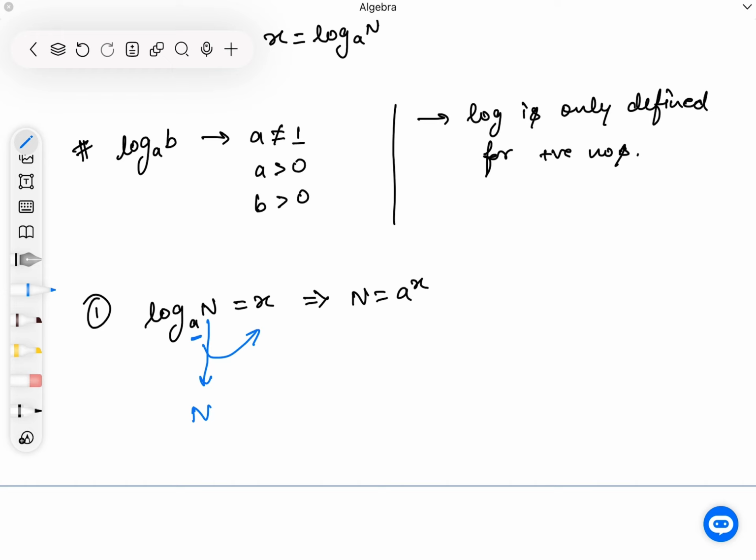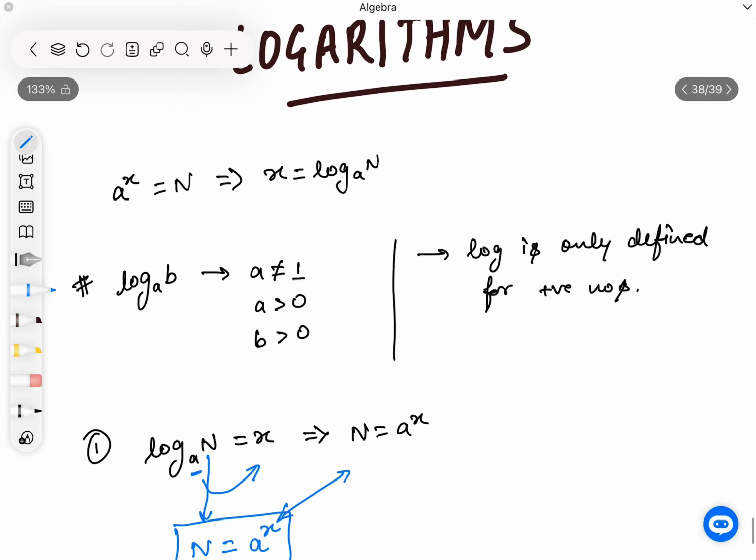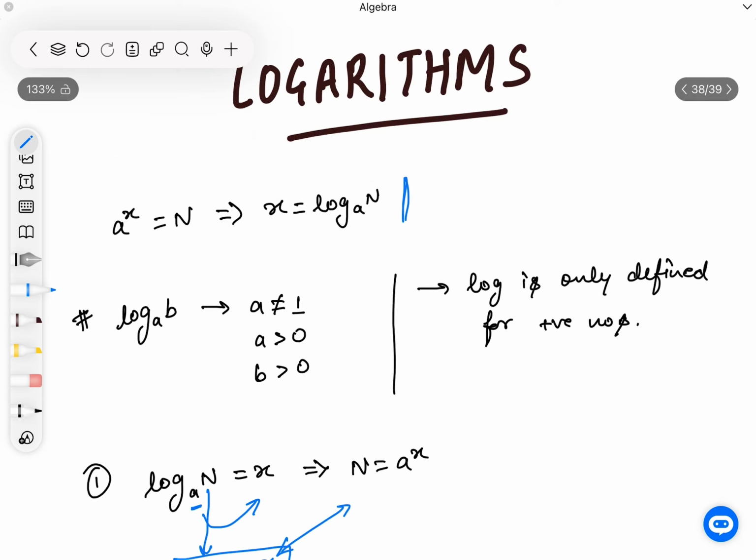So n will remain on the left hand side. This a will go on the right hand side and this x, whatever was there on the right hand side, will become its power. Cool. Just the reverse of that.